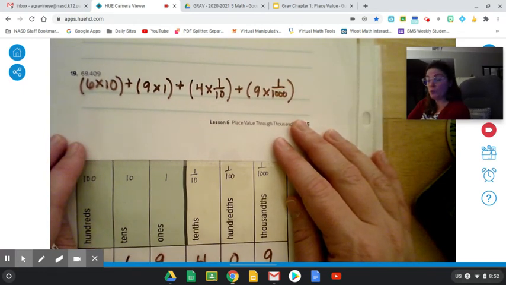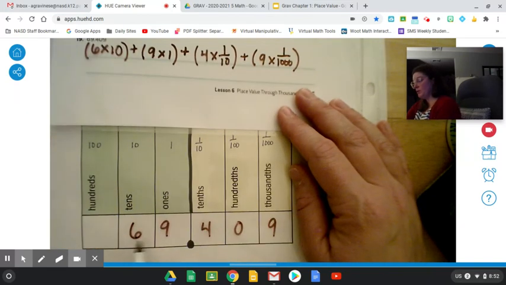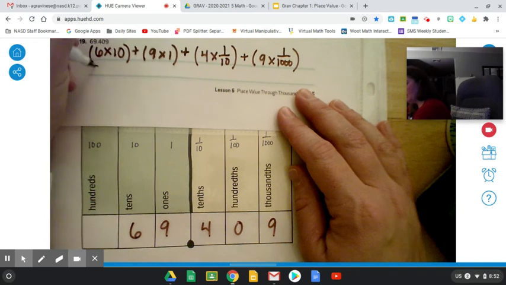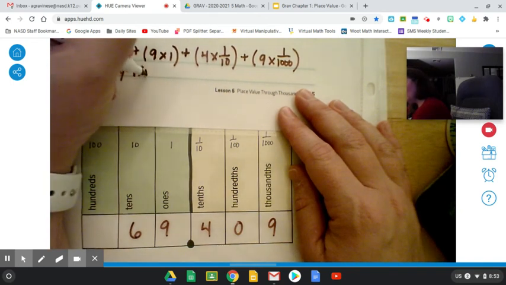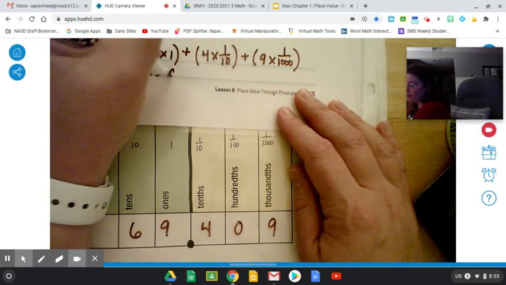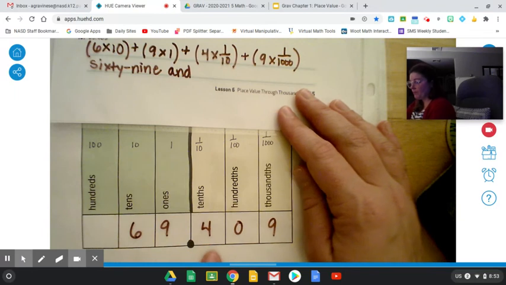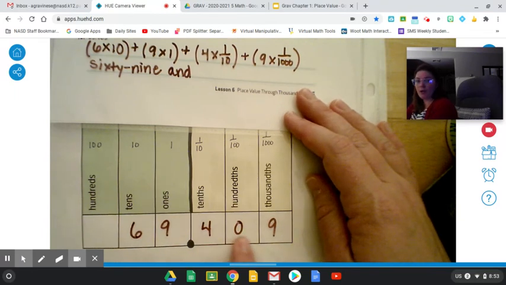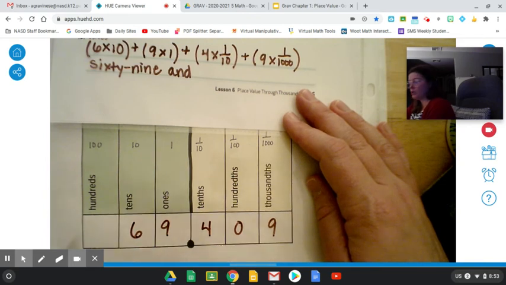Now we need to do word form. So let's read this number. 69 and, for our decimal point, 409. So I read this all together as a number. 409.